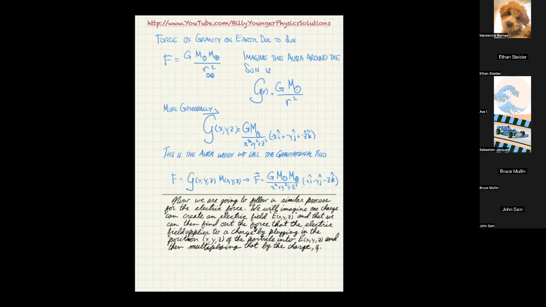And what I'm picturing here is that the coordinate system is like this, where you have an x-axis, a y-axis, and a z-axis. And then right at the origin is the sun.